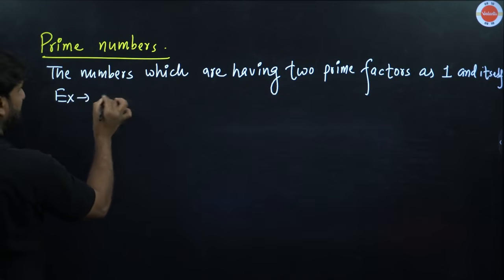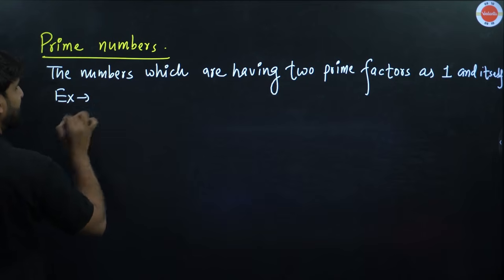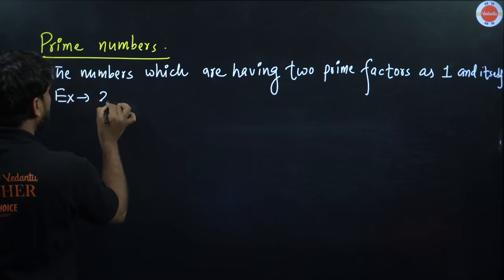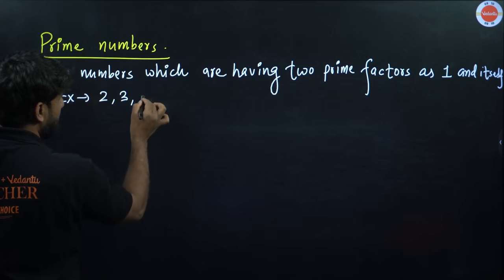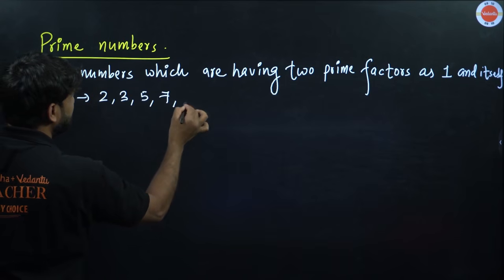Example, I can write here. The first prime number is 2. 3 is there, 5 is there, 7 is there.